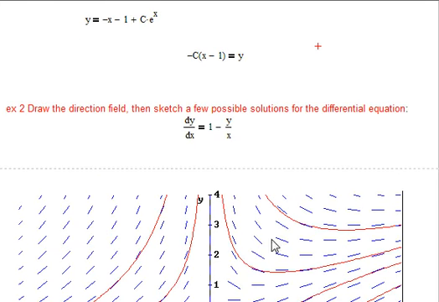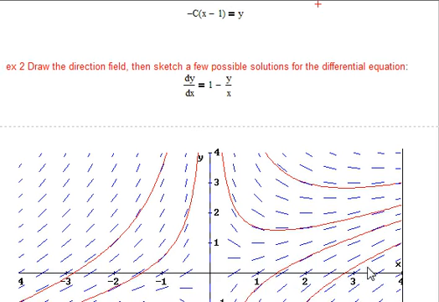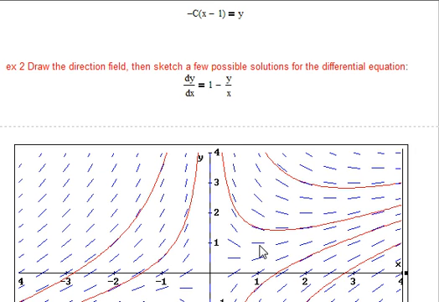So on a line with slope negative c, at the point x equals 1, y equals 1, we would have a slope of 1 minus 1, or slope of 0. At the point where x is 5 and y is 10, we'd have 1 minus 10 over 5.